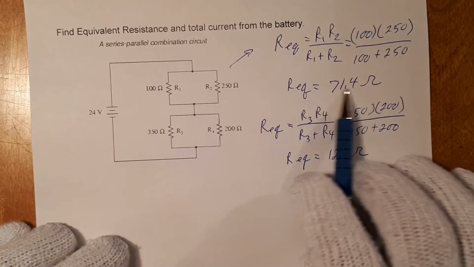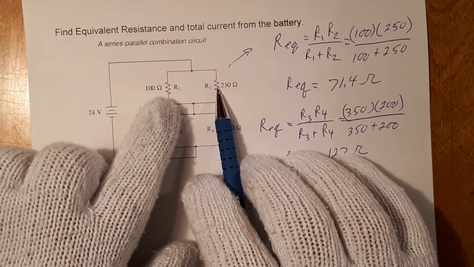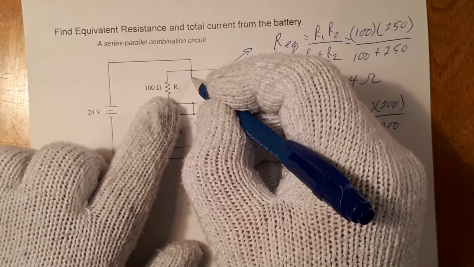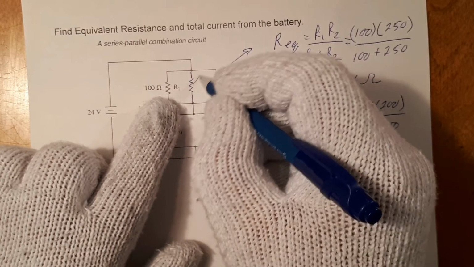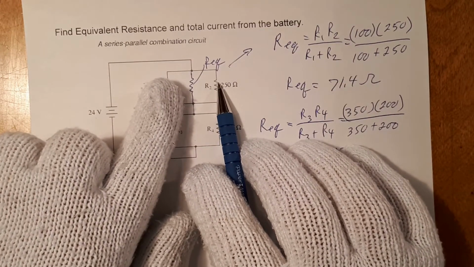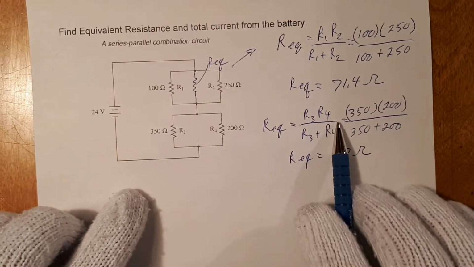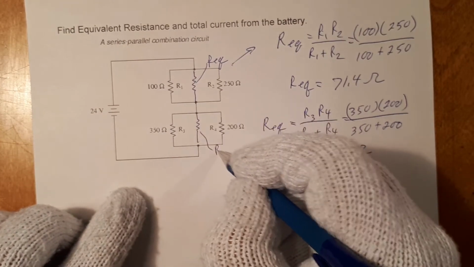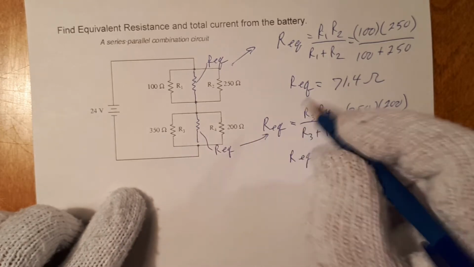So when I take these two and turn it into its equivalent one, it basically goes right down the center here. So that's my R equivalent here. And those two are no longer here. And the same thing applies here, that would be my new R equivalent, this one here.